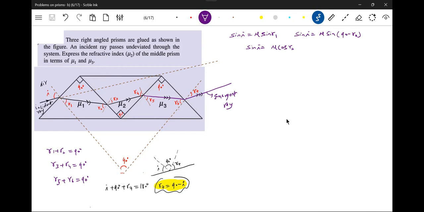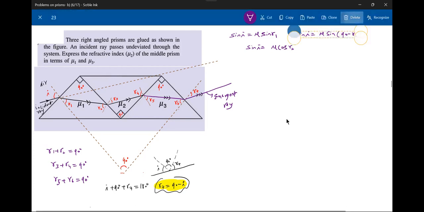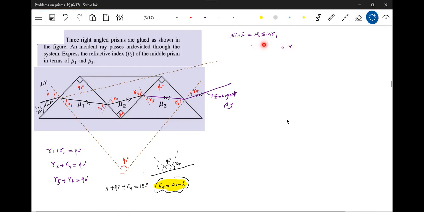Or let it be R1 as it is. Let me not disturb this. And now afterwards, mathematics. So next again, mu1 sin R1 equal to mu2 cos R2.